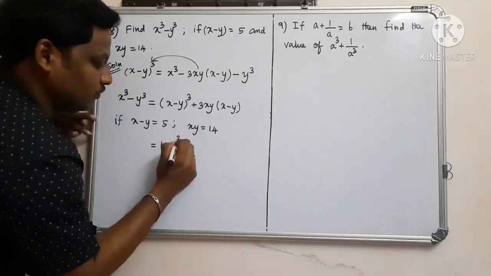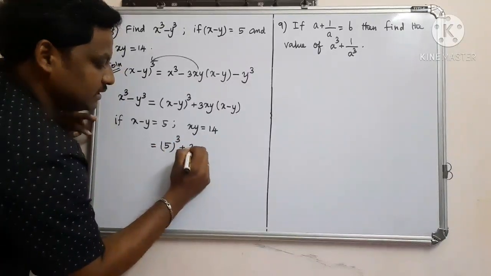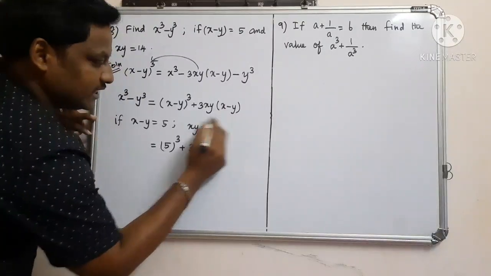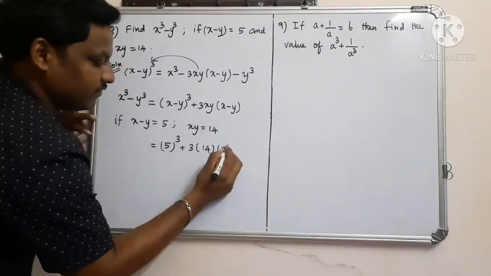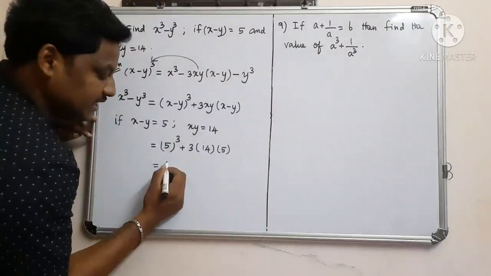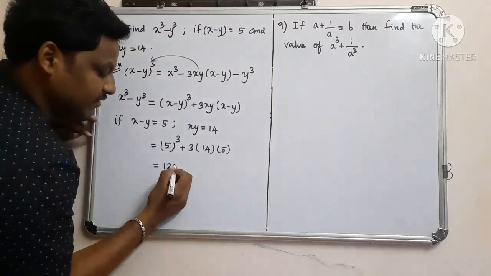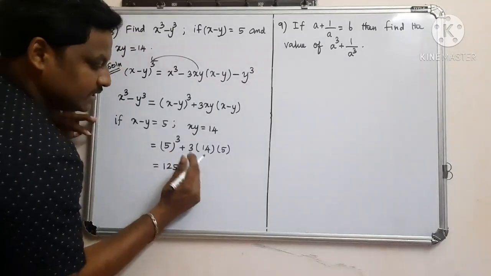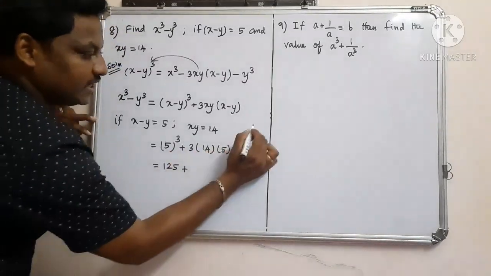So 5 cube plus 3 into xy value 14 into x minus y value 5. 5 cube is 5 into 5 into 5, that is 125. Plus 5 3s are 15, 15 into 14.